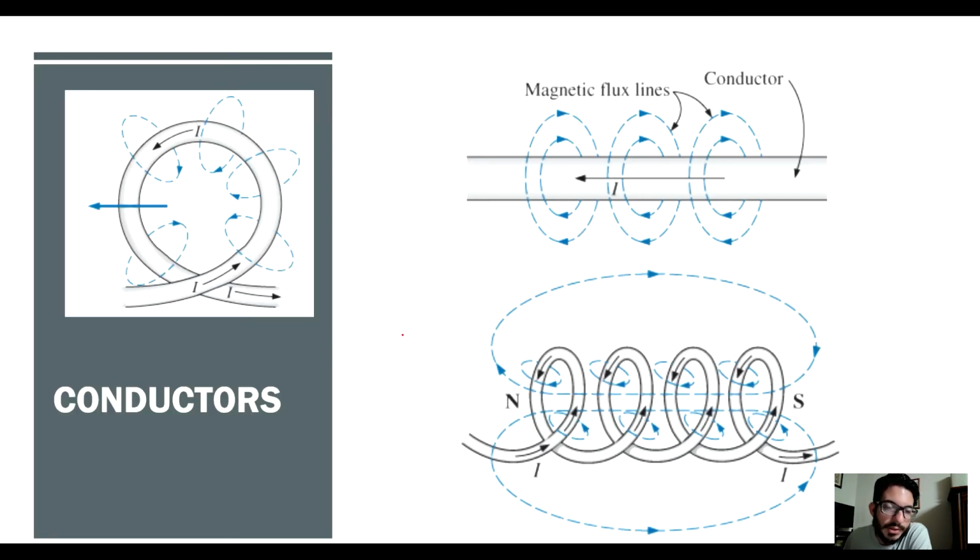So when we talk about a conductor and we place electric current through it, so let's say electrons are flowing through this conductor, by the flow of electrons, we have a magnetic field around the conductor.